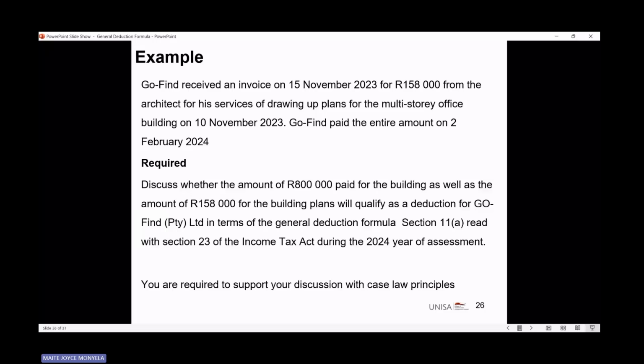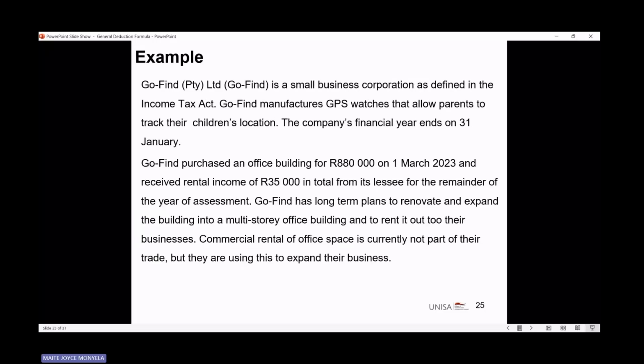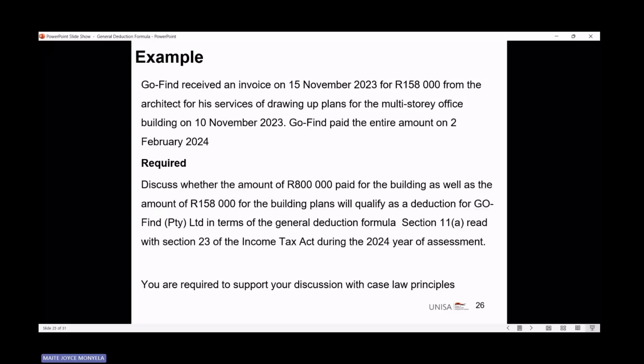So what I want you to do on this question is go through it, and then after going through the question, try to apply the general deduction formula, as I explained the general deduction formula and also the requirements. Remember, we have section 11, which is the definition of the general deduction formula. We have section 11(a), which specifies the requirements of the general deduction formula.